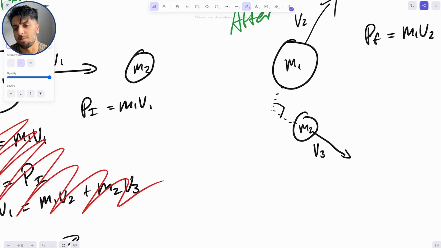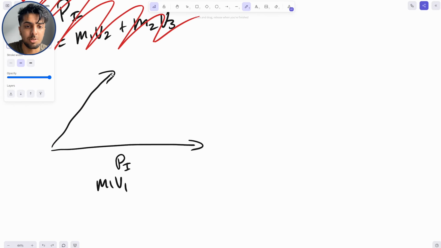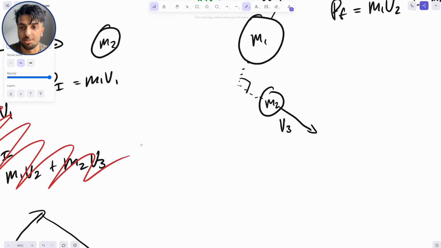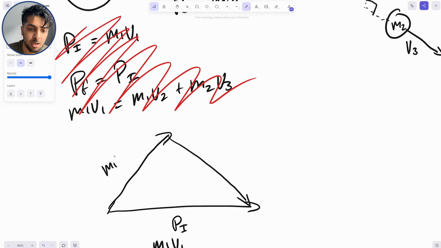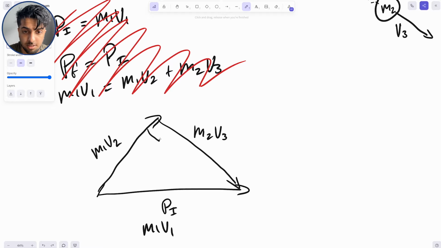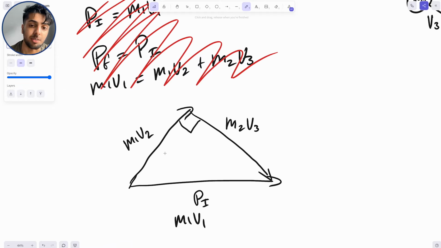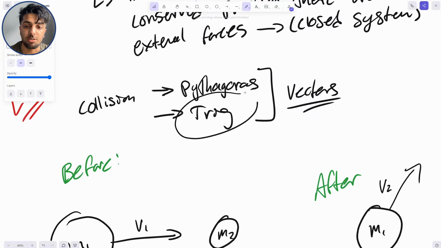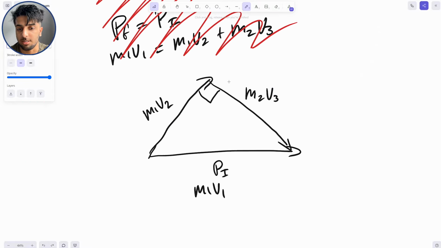And we have our momentum of m2 going down this way, so we can draw that right there. And so this is our m1 v2, and this is our m2 v3. And again, this right angle comes in handy because that is our right angle there. There we go. And so now we have a right angle triangle, and so we can use our trig and our Pythagoras to solve this.